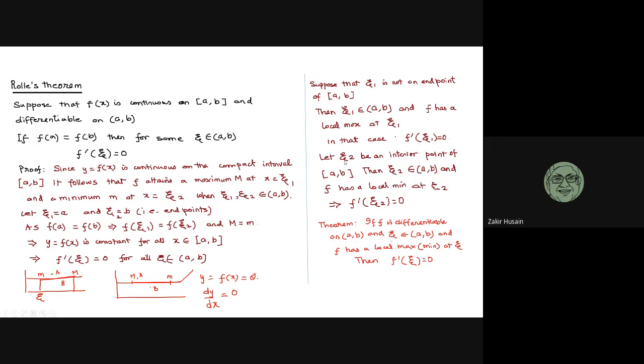Now, if psi 2 is an interior point of AB, then psi 2 belongs to AB. Similarly, using this theorem, f will have a local minimum at psi 2, which implies that f prime(psi 2) will be equal to 0. So this theorem is really the crux. We can prove this part easily without referring to the theorem. But if psi 1 is an interior point, then we require this theorem.